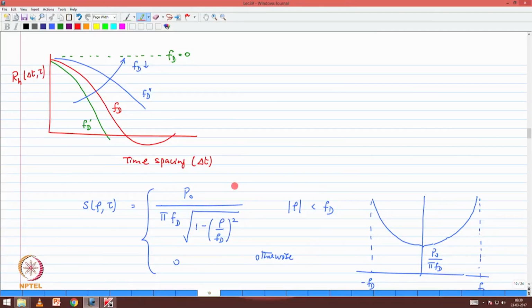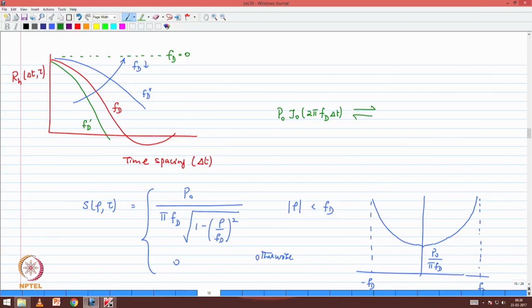We also did a Fourier transform of the Bessel function and showed that since this is the autocorrelation, when you take the Fourier transform, you get the power spectrum, a shape which is bounded between plus Fd and minus Fd. The expressions are given here. So let's just write down: if I have the autocorrelation function, P0 is a constant, J0 of 2 pi Fd times delta t.